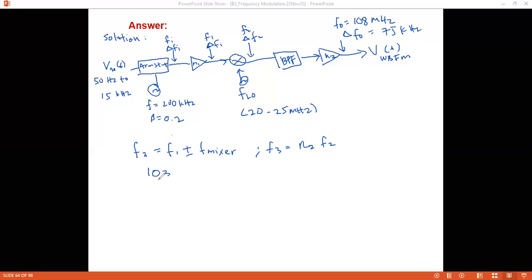So F3 is 108 megahertz, which is equal to N2 times our F1 plus minus our F mix. N2 is equal to 5, F1 is 1 megahertz, plus minus our F mixer.